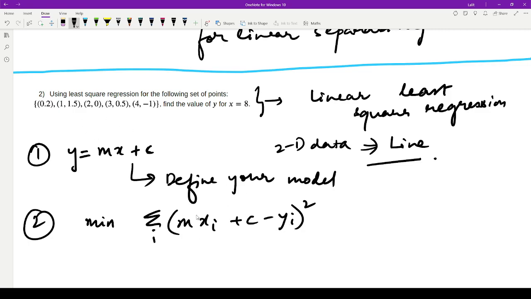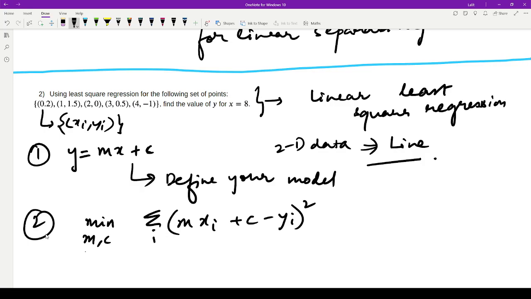So this is squares since we are doing least squares, and the least means we are trying to get minimum. Minimum over what? Minimization over what? We are trying to find the model parameters, which is m and c.